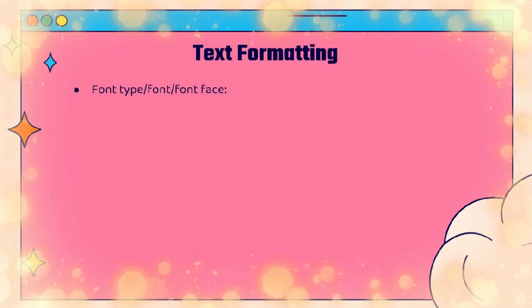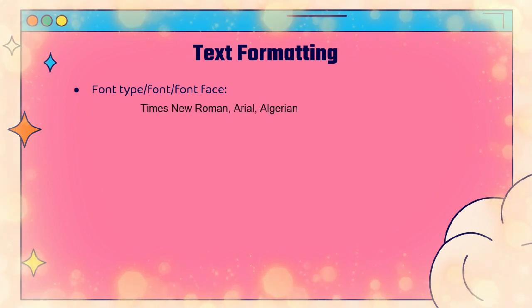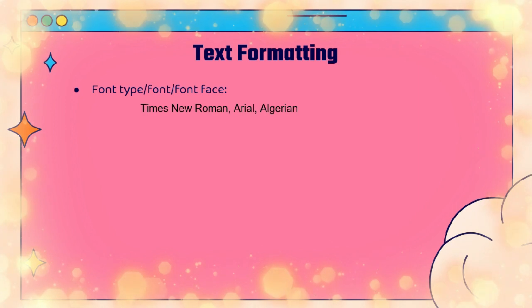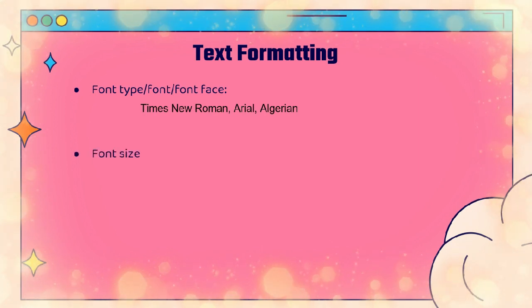When you say text formatting, meaning you're going to change the font type, or we can call it the font face. Examples are Times New Roman, Arial, and Algerian. You can also change the font size and the font color.